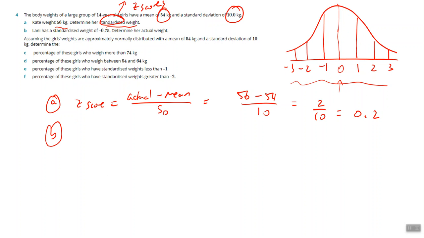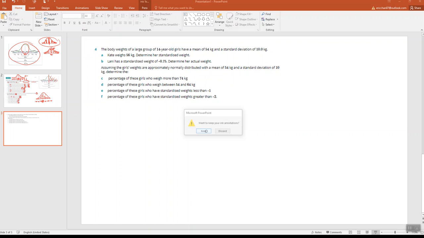B, we have a standardized weight of -0.75 to determine the actual weight. So the formula, you should copy these formulas in your book. Actual equals, I think it was the mean times the z-score. Mean, oops, go back.